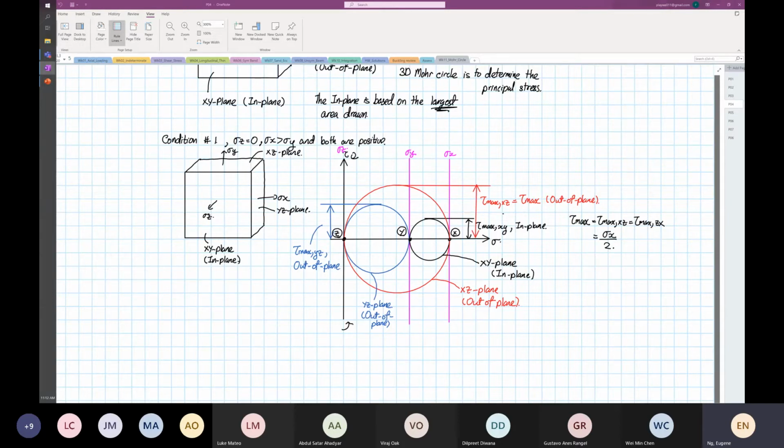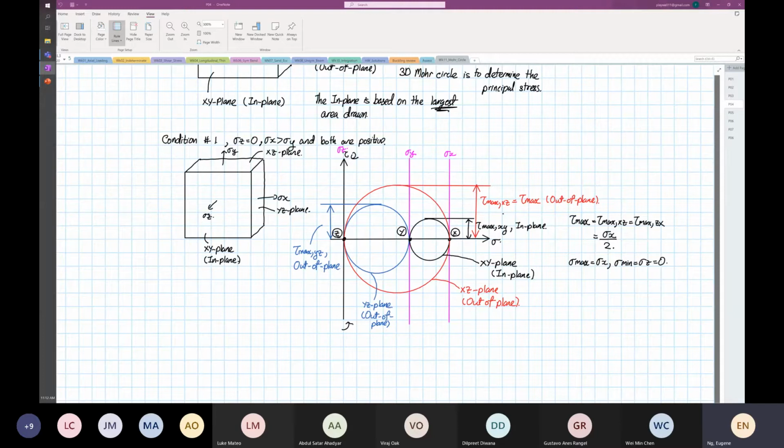So you just take stress x divided by 2, and that is the value of your tau max. An interesting thing to realize is that the maximum normal stress is equal to stress x, and your minimum normal stress is equal to stress z, which is equal to 0. So this is condition number 1. I repeat again, this is condition number 1.